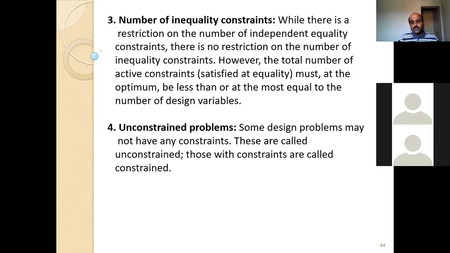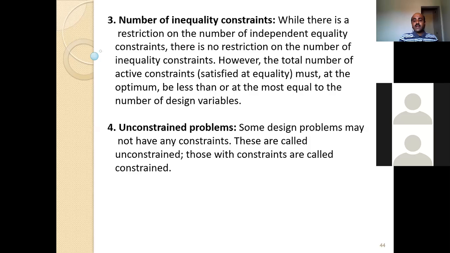Unlike what we had for equality constraints, here there is no restriction on the number of independent inequality constraints. However, the total number of active constraints satisfied as equalities must at the optimum be less than or at most equal to the number of design variables.